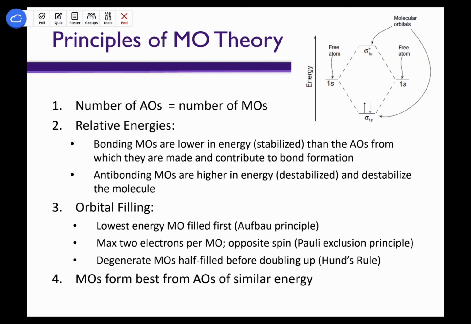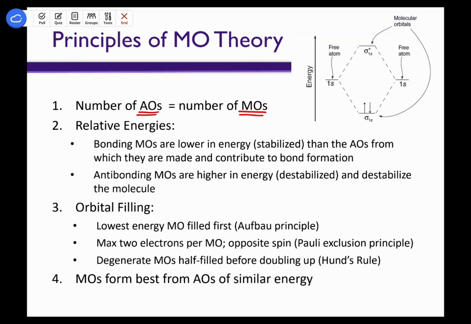So first thing, the number of atomic orbitals that we put in is going to be the same as the number of molecular orbitals that we get out. In this example with dihydrogen, we put in 2 atomic orbitals, 1s and 1s, and we get 2 molecular orbitals, a bonding and an anti-bonding. Number 2, the relative energies we can predict somewhat.